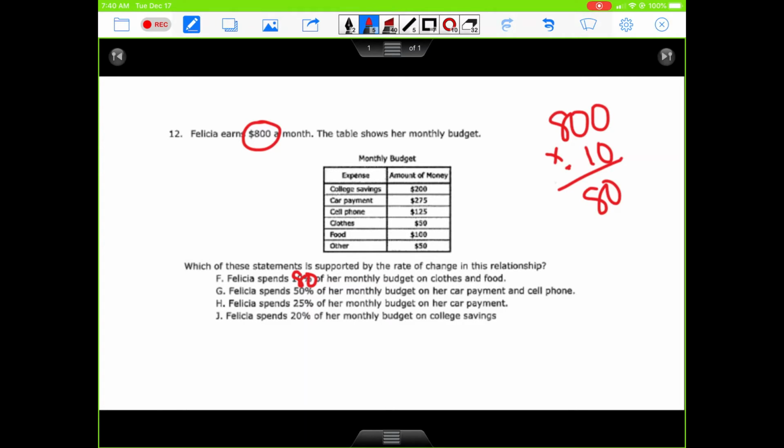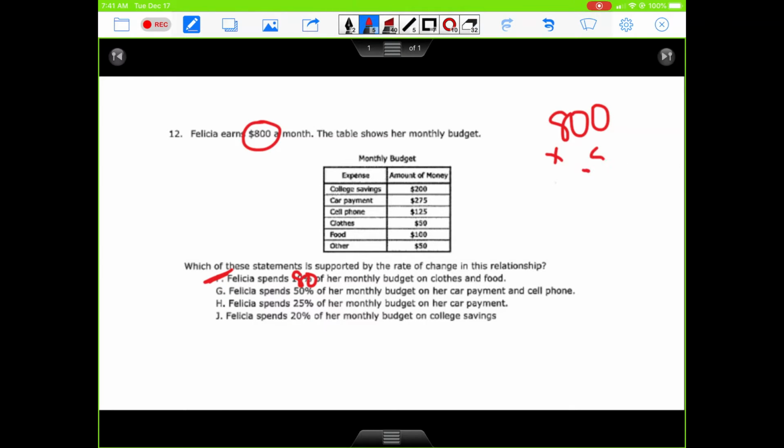So this is saying Felicia spends $80 of her monthly budget on clothes and food. Let's look at clothes and food. Clothes is 50, food is 100. That makes 150. So does she spend 80 on clothes and food? No, she spends 150. So F is the incorrect answer. Look at G. She spends 50% on car payment and cell phone.